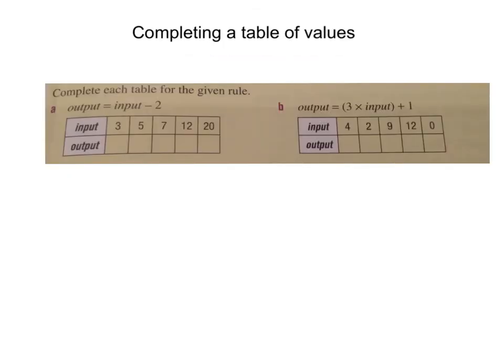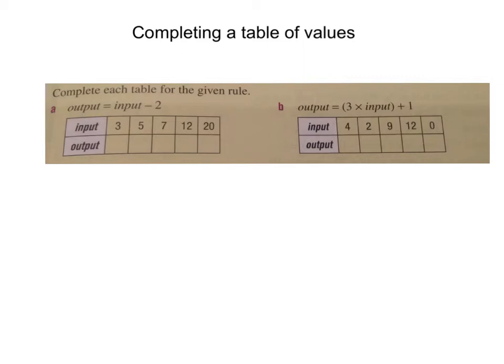In our work today, we're going to use the words output and input in our rules to begin with. Let's have a look at these examples. So in example A, we can see we're given a rule, and our rule says to get the output, it's equal to the input take away 2.